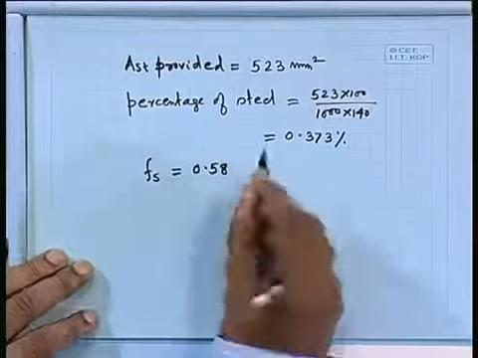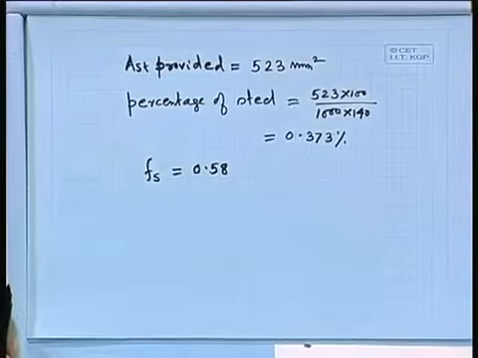If it comes less than 25, then we have to change the depth, but if it is more, and we do not consider the economic consideration, then we can stop there. Otherwise, if it is too much, then obviously you have to reduce the section. So, let us see whatever our code says.